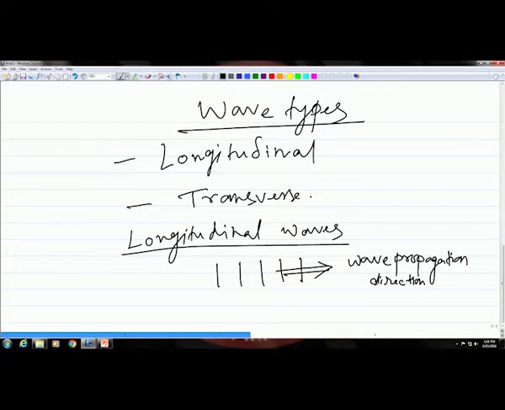In this case, the direction of particle movement is parallel to the direction of the movement of the wave. So, in this case it is moving in this direction, so the particle movement direction also will be the same. So, this is the direction of particle movement.